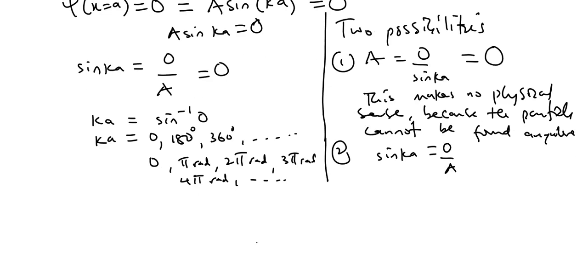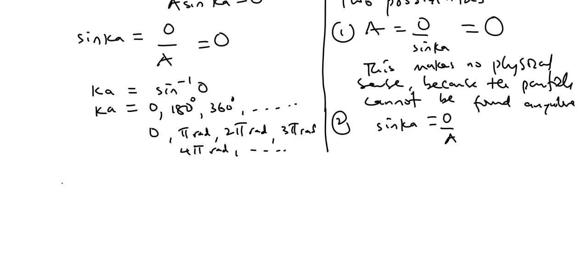So the values Ka can take are n pi, where n equals 0, 1, 2, 3, and so on. So these are the values Ka can take, n, which is the quantum number, multiplied by pi. Pi radian is 180 degrees.